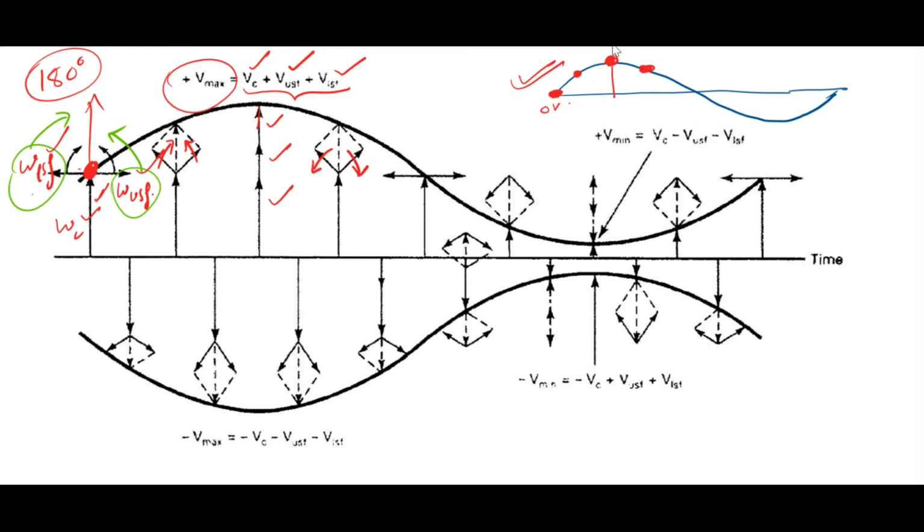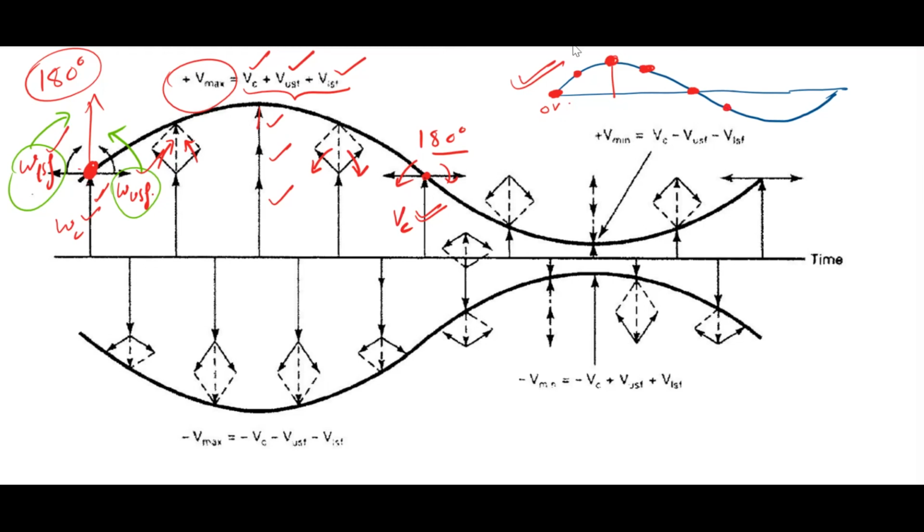At the point where the modulating signal crosses 0, these phasors again become out of phase by 180 degrees, and the only amplitude left is the voltage of the carrier, Vc. Then the signal starts to go negative.